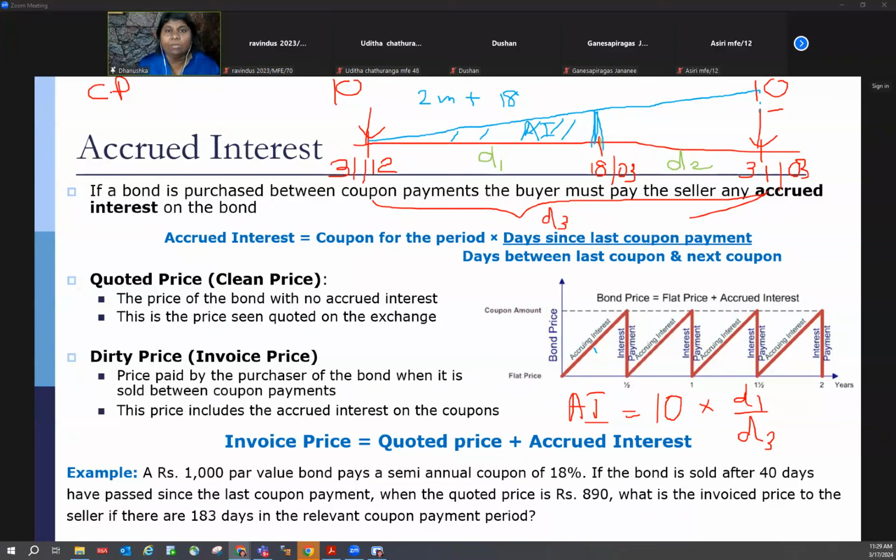This can be a market quote, somebody telling you, I can sell you the bond at 85 rupees. That price is on a clean basis without accrued interest. When you add the accrued interest to this price, we call this the invoice price. We also affectionately call it the dirty price.